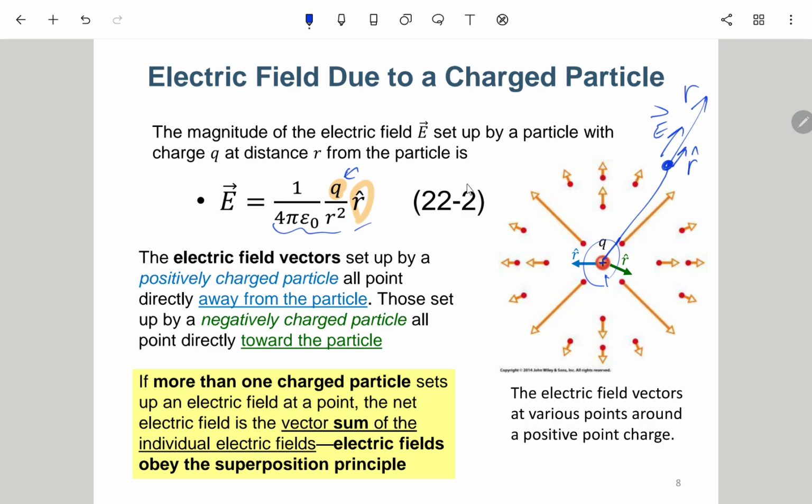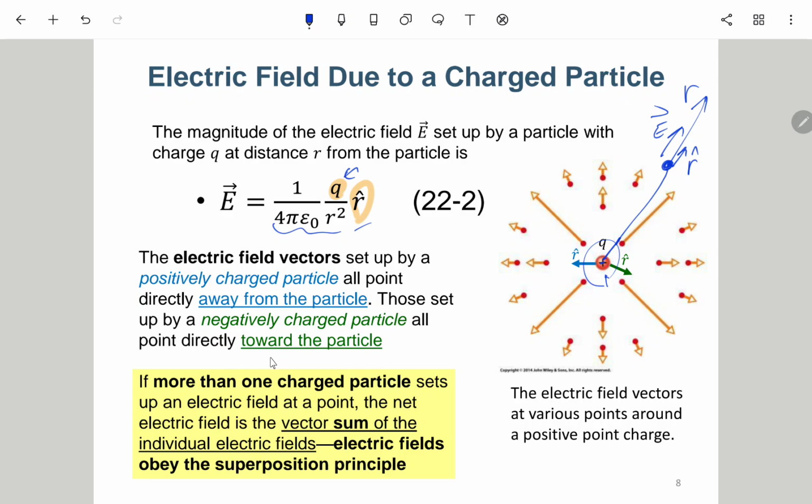Below, it says the electric field vectors set up by a positively charged particle all point directly away from the particle. So for positive, the direction points away. Those set up by a negative charged particle all point directly towards the particle.